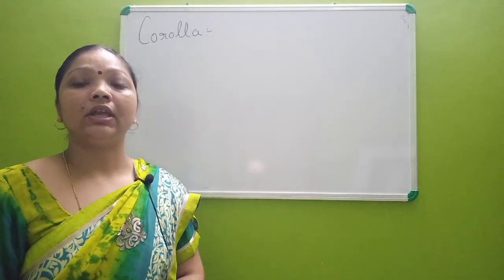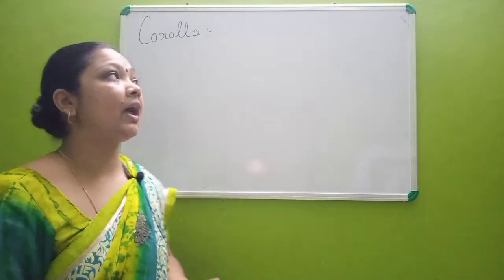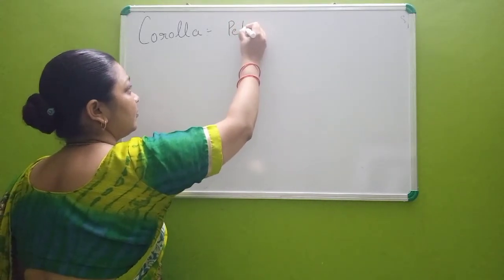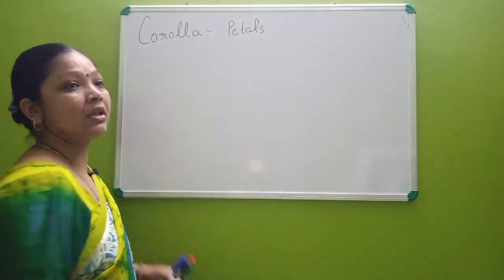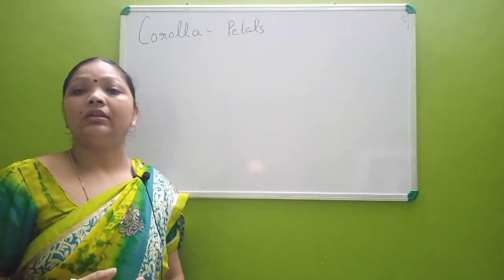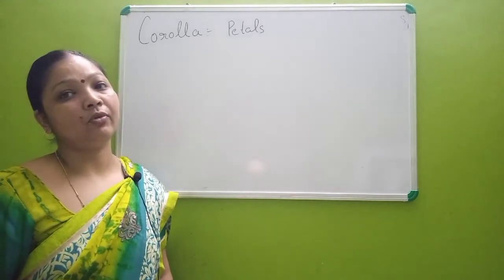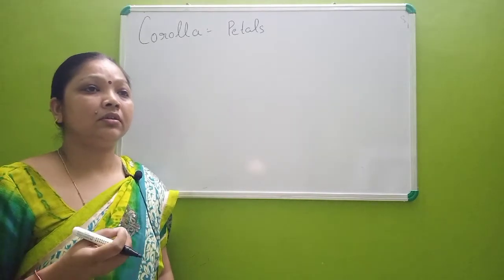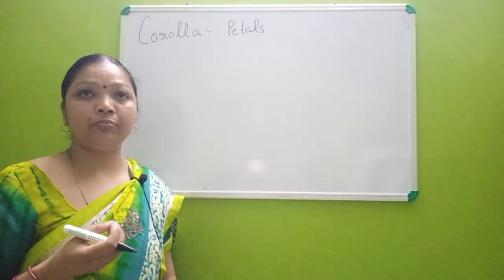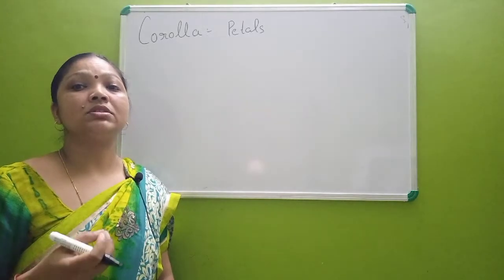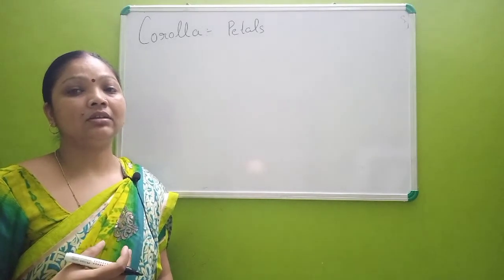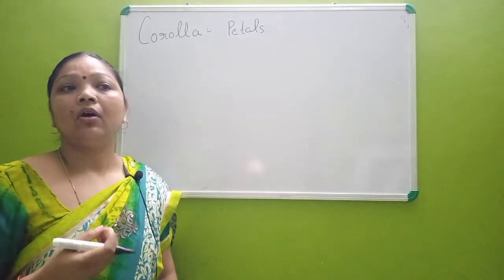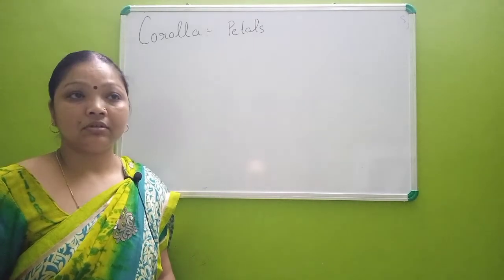A single member of the corolla is called a petal. The essential function of the corolla is to protect the more essential whorls of the flower, that is the androecium and gynoecium, or you can say stamen and carpel.